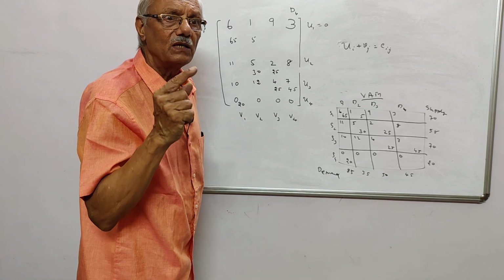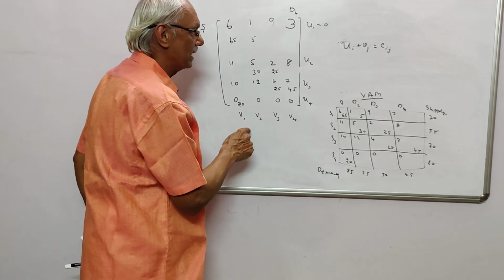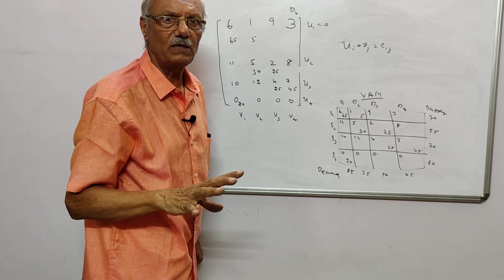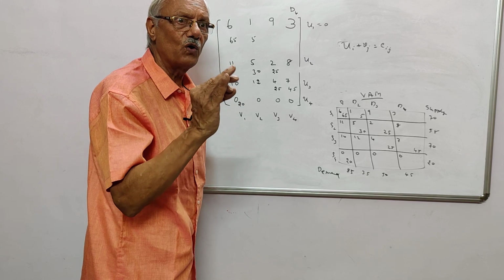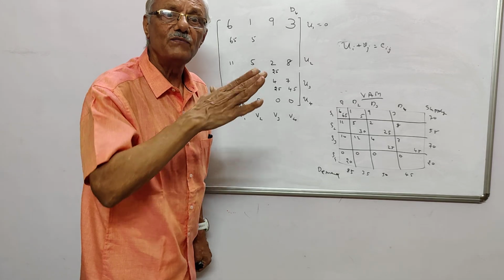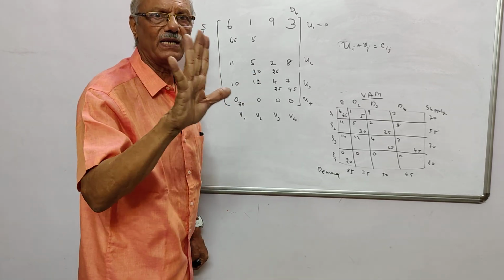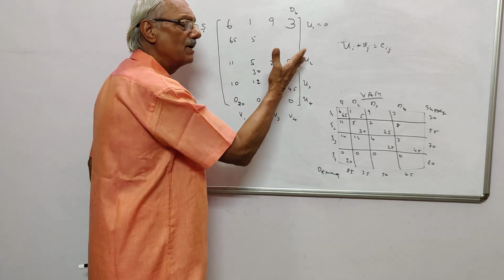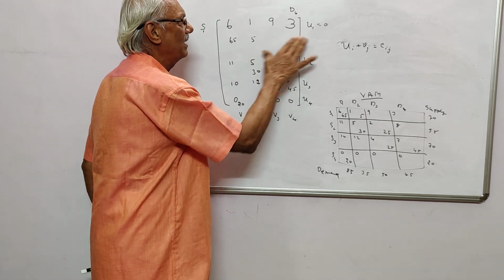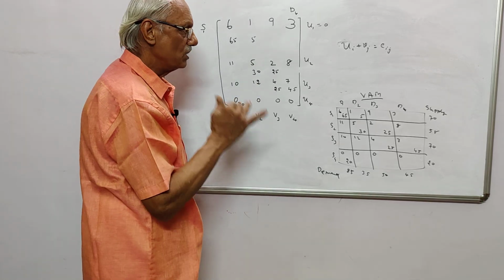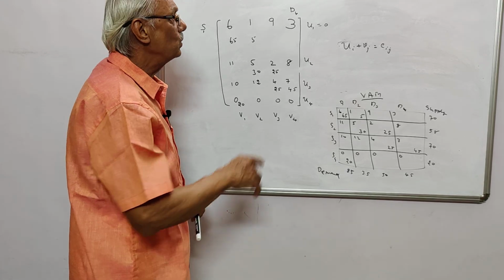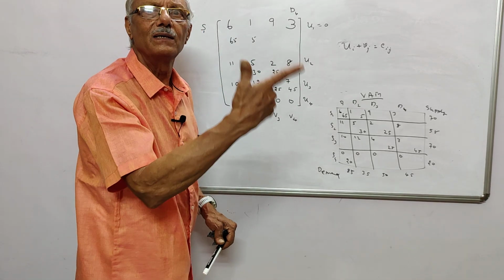You have to find the values of all the variables by fixing one of the variables as 0 which has the maximum number of allocations. Here in this particular case, the maximum is 2, so without loss of generality, I have taken this to be 0. Now use the formula ui plus vj is equal to cij to get all the other variables.